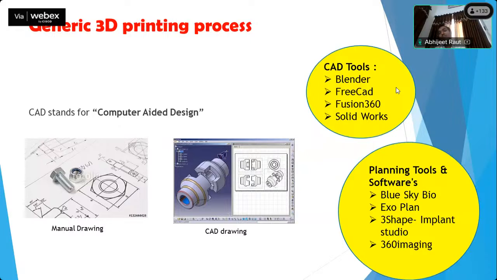But Blue Sky Bio gives you a 3D export where you can plan whether it is a surgical guide, a micro guide, a denture, or an aligner. You can plan on it, so you can note it down. These are the free software for biomedical planning.